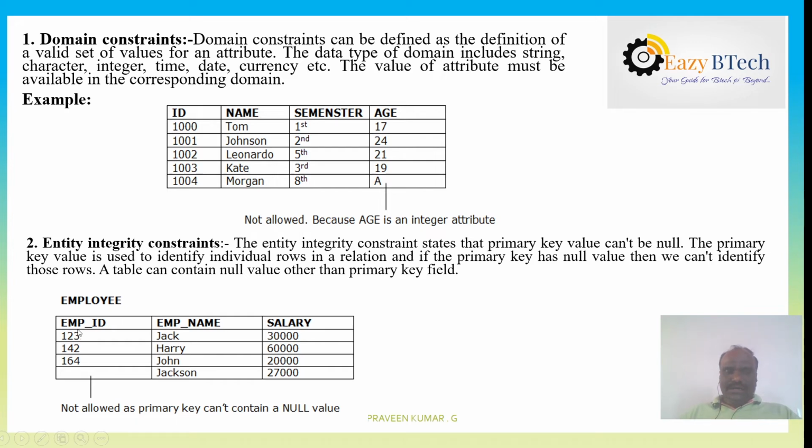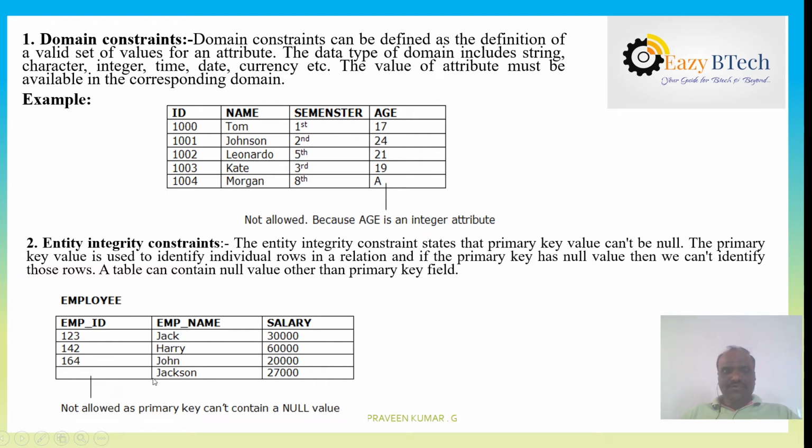Here in employee ID, we have a total of 4 rows, but the 5th row, Jackson, employee name is Jackson, salary is 27,000, but we have not initialized any value. If we do not initialize any value, that value is considered null. Please remember, 0 is different, null is different. If you assign 0, that is a value, but if you do not initialize any value, that is called null.